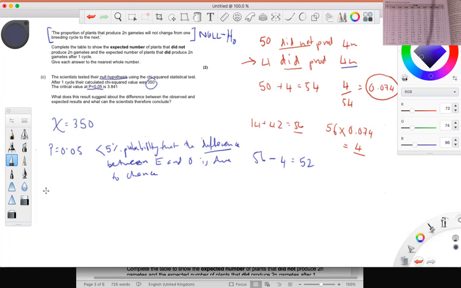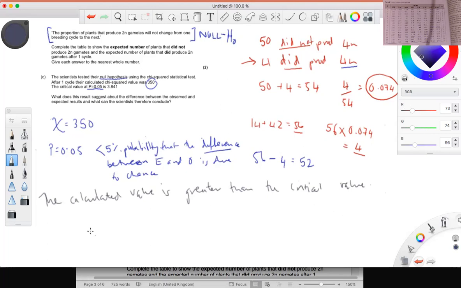So we could start off by saying the calculated value is greater than the critical value. So that's the first thing that we can say.